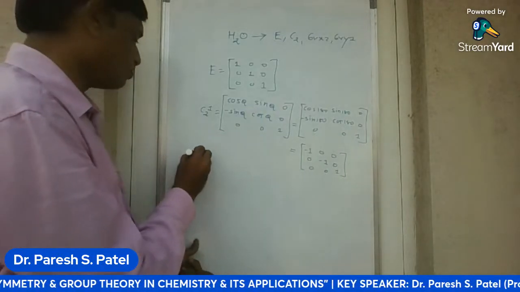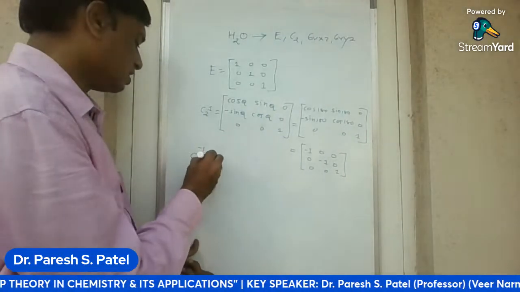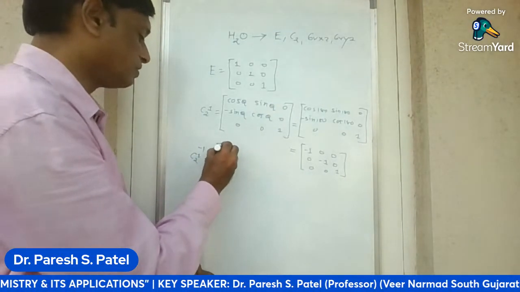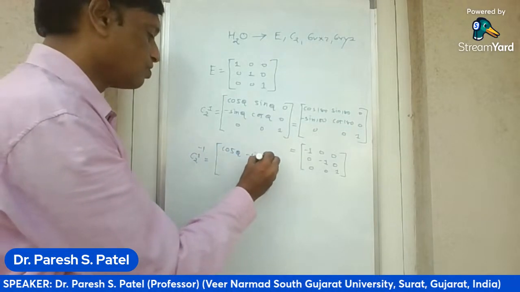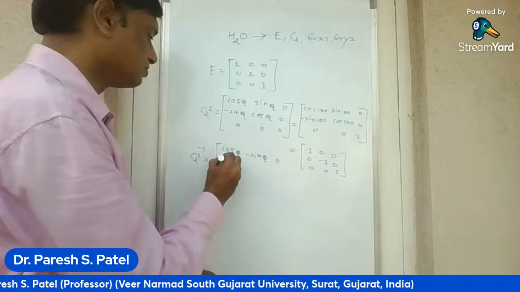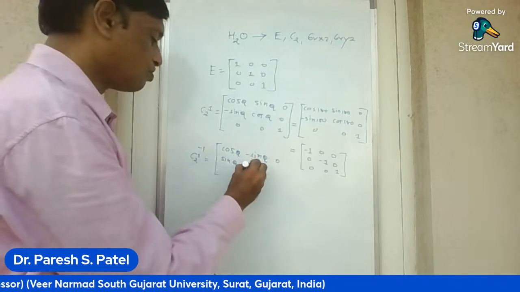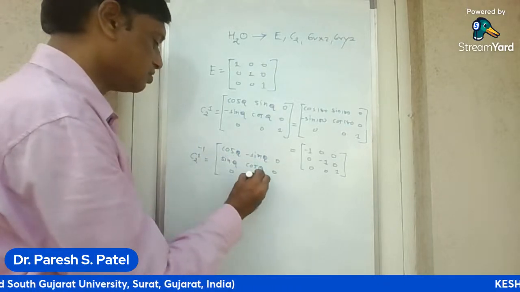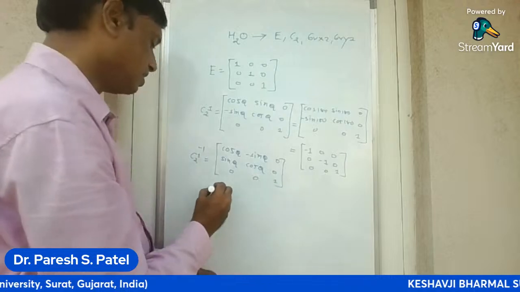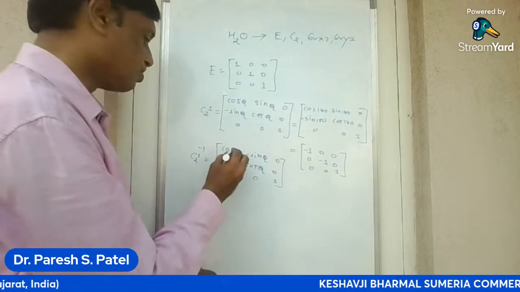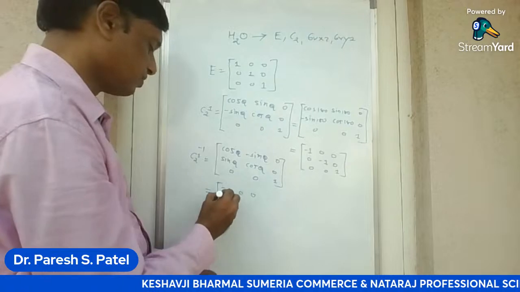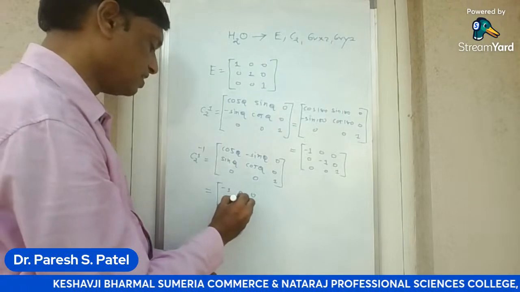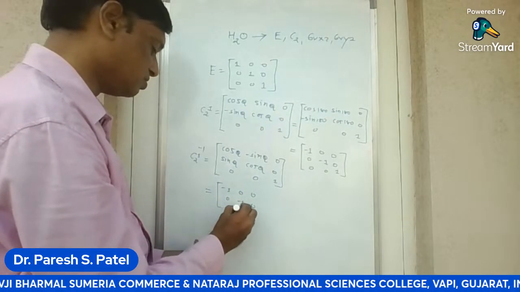If we put the values in the anti-clockwise rotation, the equation is cos theta, minus sin theta, 0, sin theta, cos theta, 0, 0, 0, 1. Here cos 180 is minus 1 and sin 180 is 0, so we get minus 1, 0, 0, 0, minus 1, 0, 0, 0, 1.